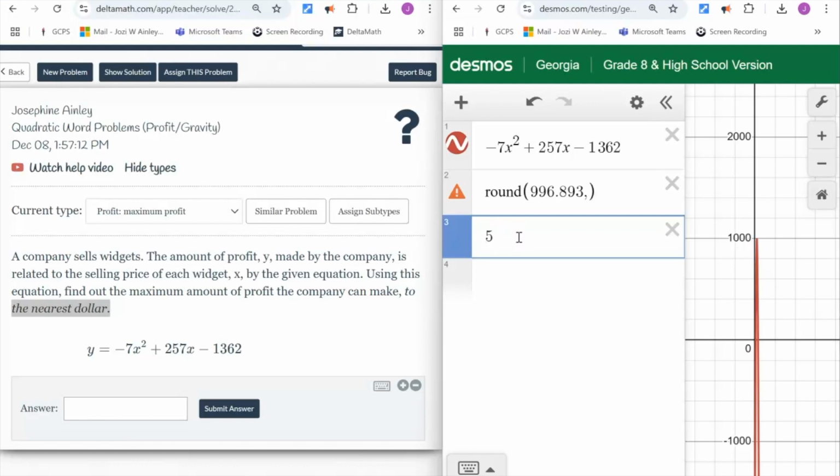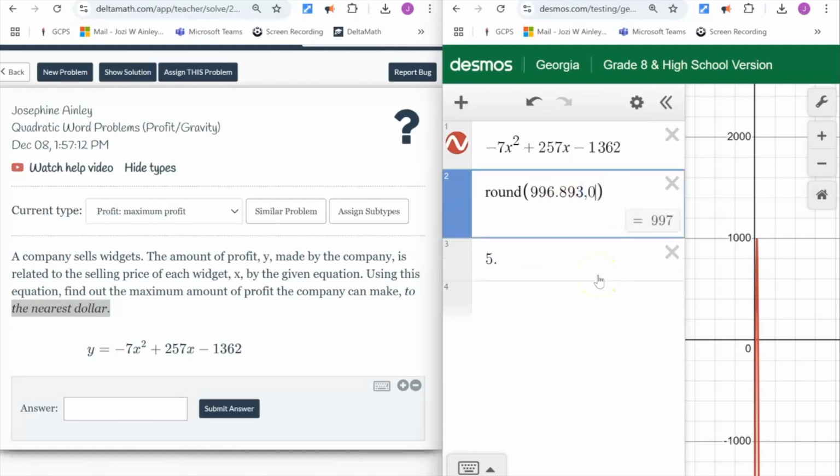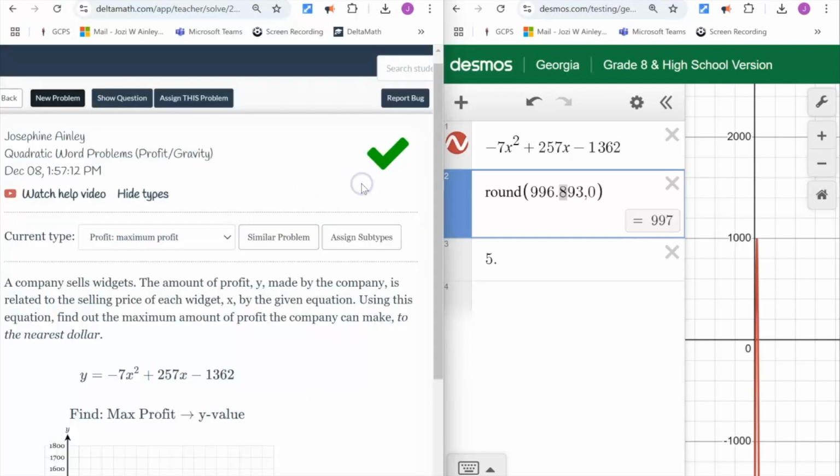I would only have $5 because 25 cents is not close to $6. All right, so basically I want the calculator to say, hey, I don't want any numbers after that decimal. So I'm going to come right here and say 0. And now it's rounded 996.893 with only dollar amounts. And you can see the number after the decimal is 8, so that makes this go up by 1, which is 997. And so that's how you're doing these real world problems.